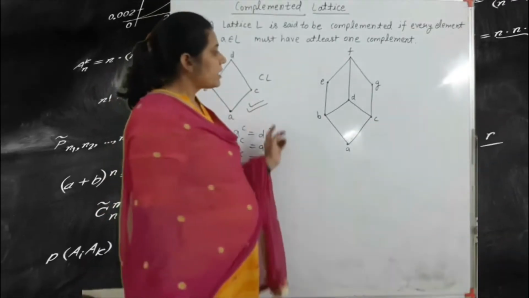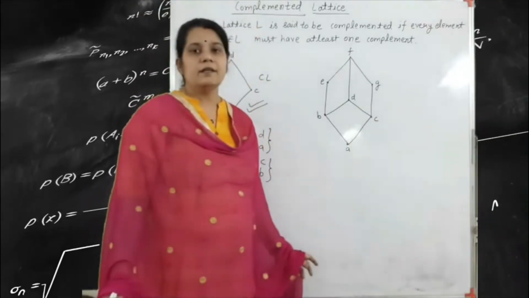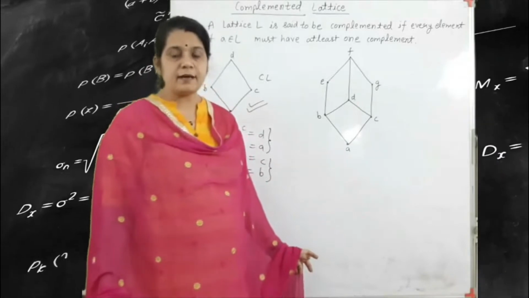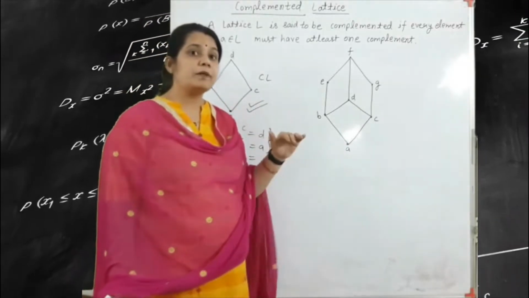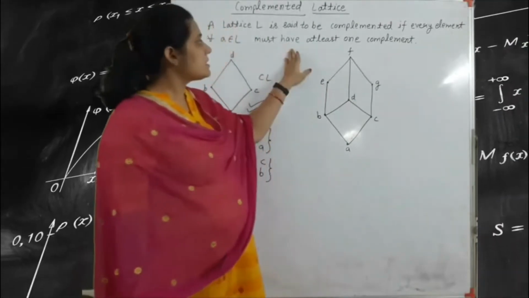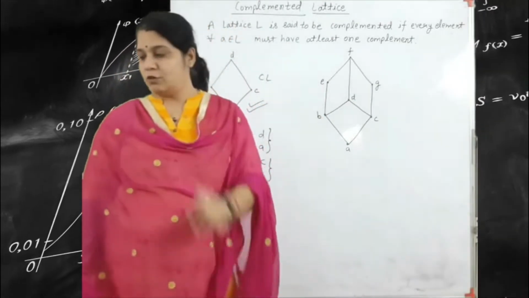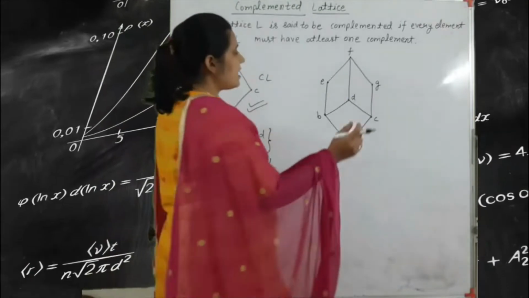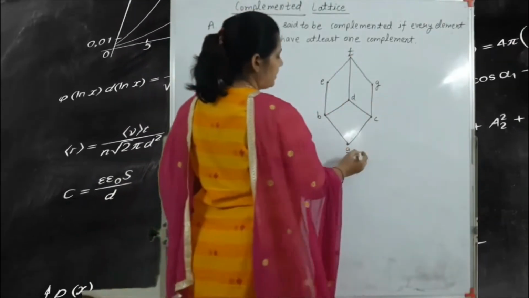Next is another example given as a Hasse diagram, and we find out whether this is a complemented lattice or not. That means every element must have at least one complement. Let's start. This is the top and this is the bottom.